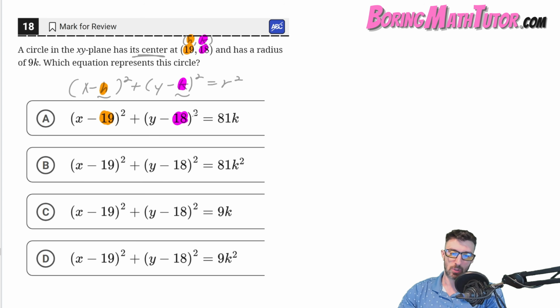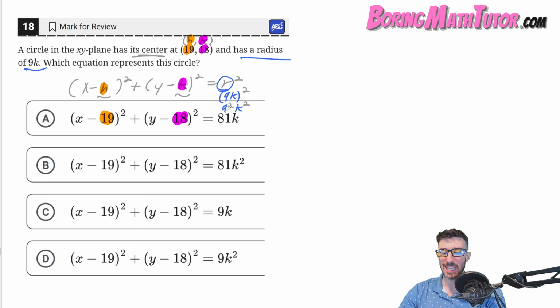Okay, so what? But now they're saying that the radius is 9k. So that means where I see r, I'm supposed to put 9k. But then it still has to be squared. Now, what does that mean? That means that I'm going to have 9 squared, but I'm also going to have k squared.